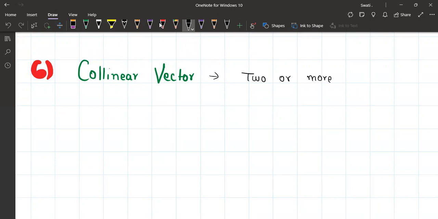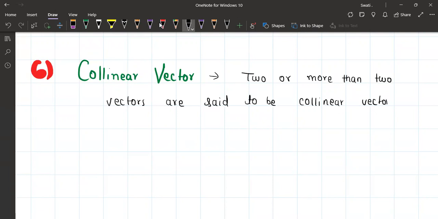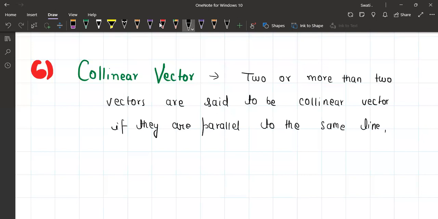Two or more than two vectors are said to be collinear vectors if they are parallel to the same line, irrespective of their magnitude as well as direction.